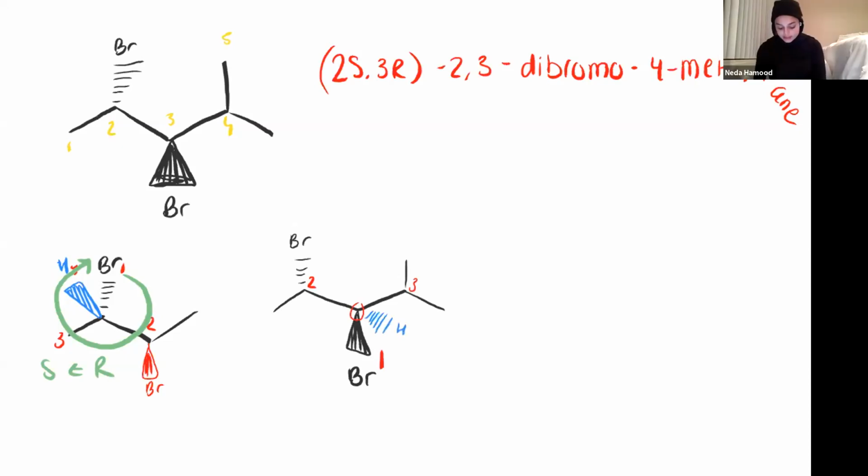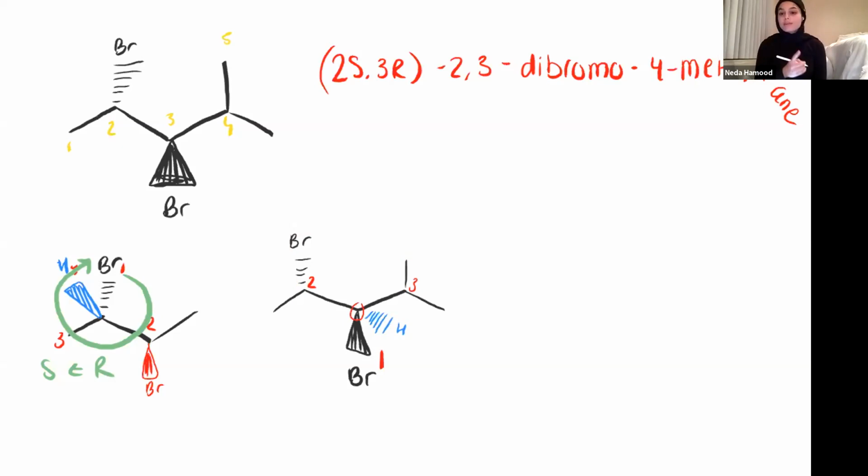Because this one is connected to a methyl and a bromine, and the bromine is better than the methyl. They're both carbons, but actually one of them is tertiary and one of them is secondary.